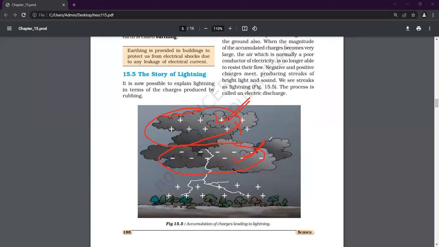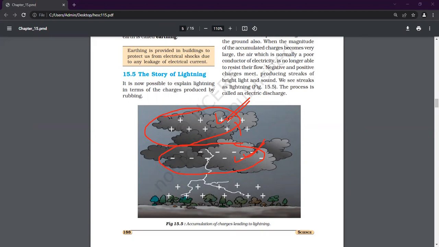Now, all of you know, students, the water is evaporated from the seabeds or from the sources from the earth. Water जो है evaporate होता है ना, due to the water evaporation, and since it is light in weight, it rises up in the atmosphere. जब वो ऊपर की तरफ rise हो रहा होता है ना, so due to the rubbing of the molecules of water with each other, they get charged.